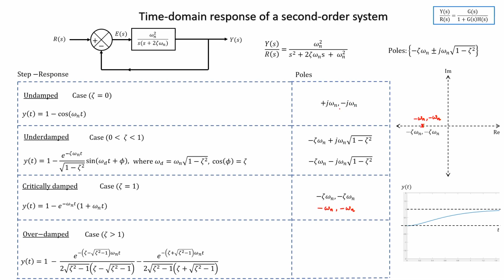So, what did you get? If the system is undamped, then the poles are purely imaginary. If the system is underdamped, then the poles are complex. Basically, it is neither purely imaginary nor purely real. It will have some real part as well as an imaginary part. If the system is critically damped, then both the poles of the system would repeat at the same point and their value is minus omega n.